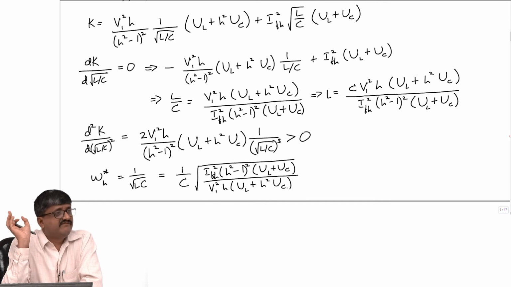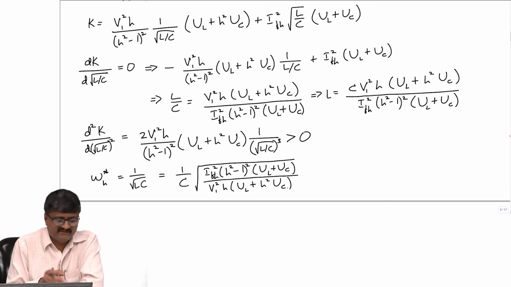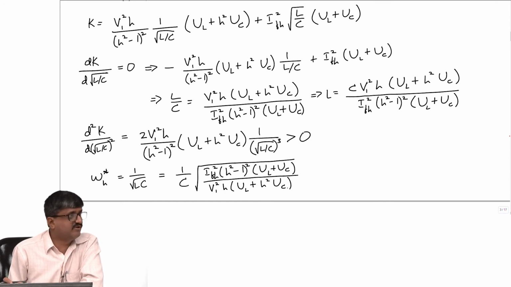So, this equation will give me the value of C. I know the left hand side, omega H star, and I know the coefficient of 1 by C. All quantities are known. So, I get C. Once I get C, I can find L.